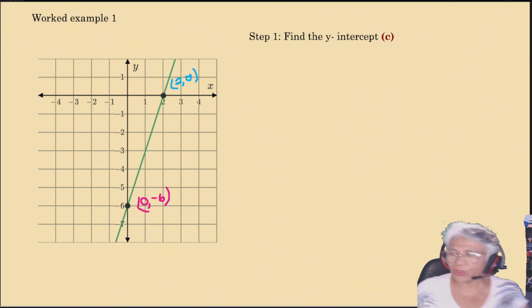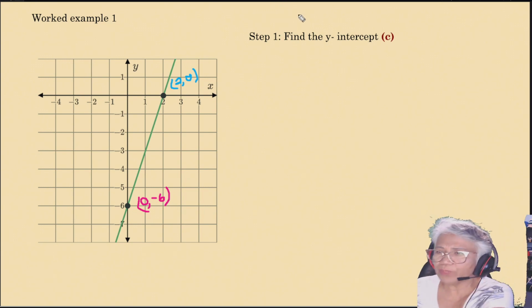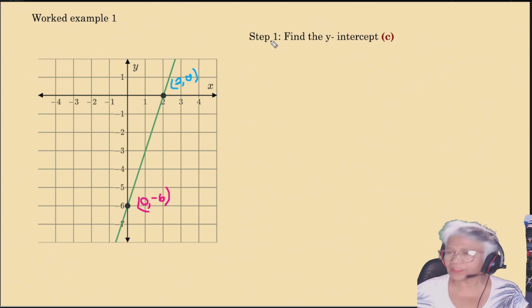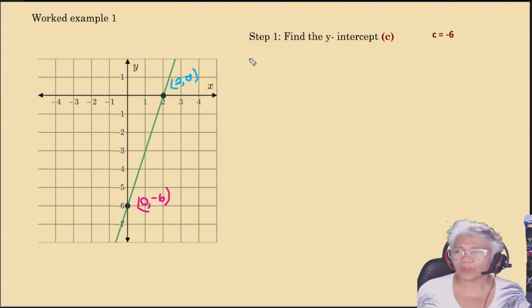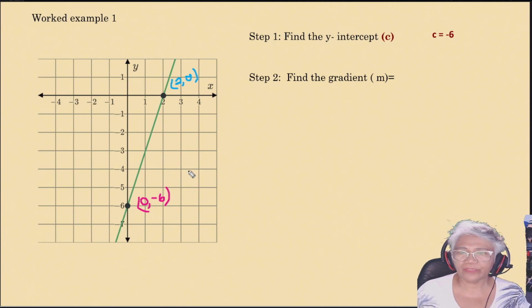So your c should be equal to negative 6, which is this one.